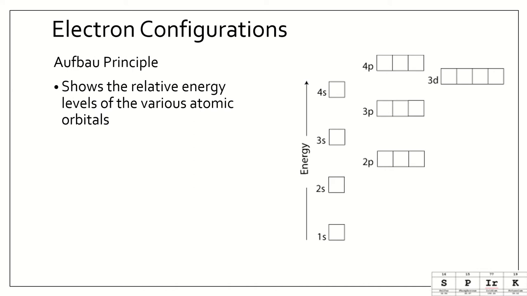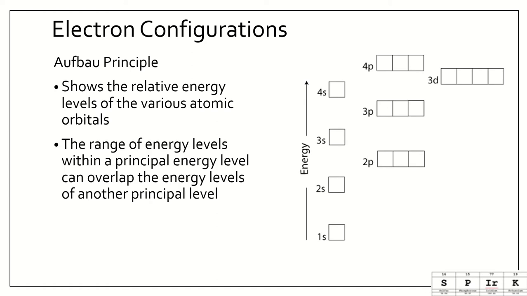The Aufbau diagram shows the relative energy levels of the various atomic orbitals. It starts at low energy and they increase in energy as we get higher. The range of energy levels within a principal energy level can overlap the energy levels of another principal energy level. Remember, principal energy levels are 1, 2, 3, and 4, and then we have the sublevels that are the s, p, and d.